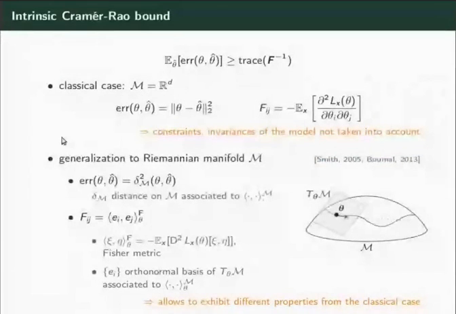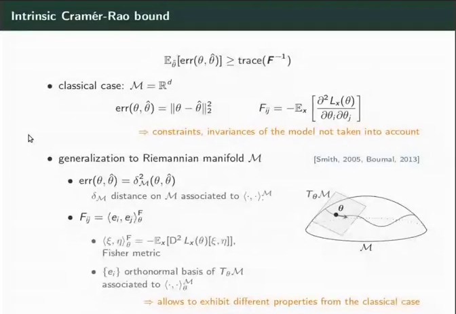So what we can do is generalize these classical results to a Riemannian manifold M. In this case, the error measure can be defined by taking the Riemannian distance on M between the parameter theta and its estimate. And the Riemannian distance is associated to the Riemannian metric that we chose.